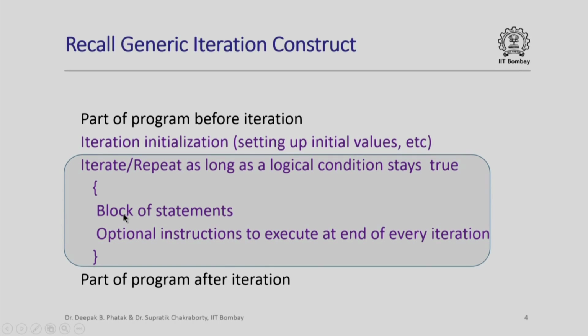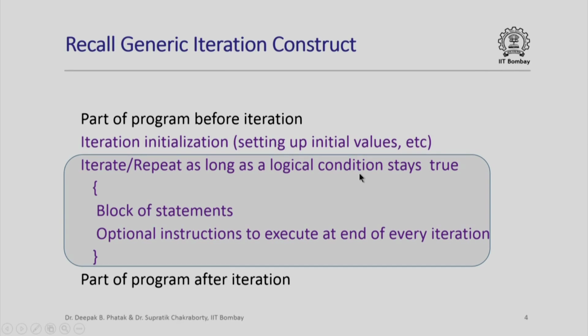And what do we repeat? We basically execute a block of statements, and sometimes we also execute some specific instructions at the end of every iteration. Every time we execute this block of statements, at the end we execute some specific instructions, and then we go back to the beginning of this block and repeat executing it as long as this logical condition stays true.